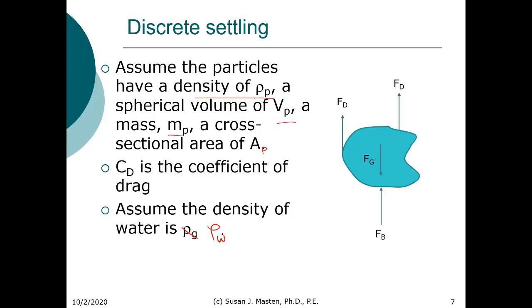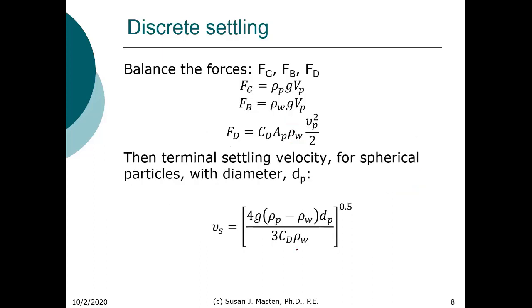Okay. So we'll go through these equations, and basically when a particle reaches terminal settling velocity, that is, the acceleration is zero, the various forces are balanced. So we have a balance between the force of gravity, which is acting down, and the buoyancy and the drag force.